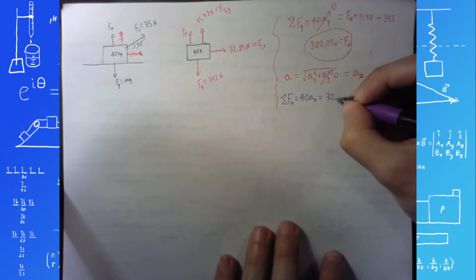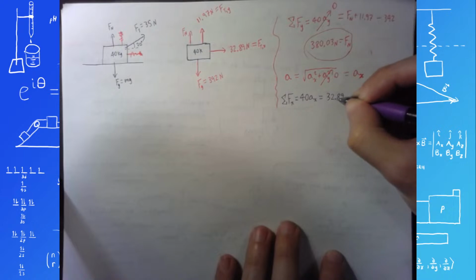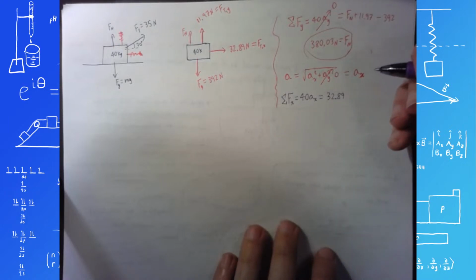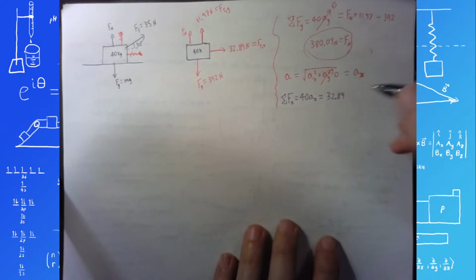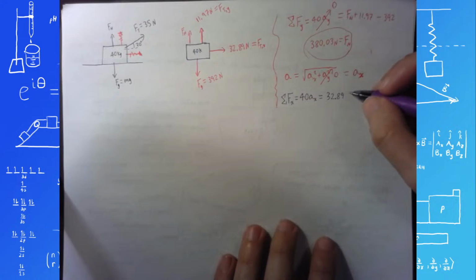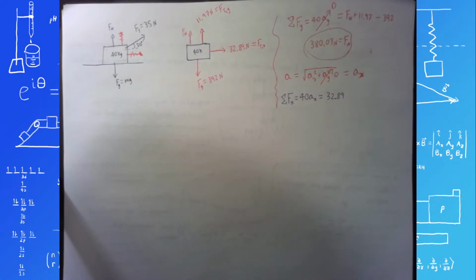All I have is 32.89 to the right, and nothing to add or subtract. So 32.89 divided by 40 looks like an acceleration of about, what, 0.8 and some change? 32.89 divided by 40, 0.82225. I'm just going to round it to 0.822.